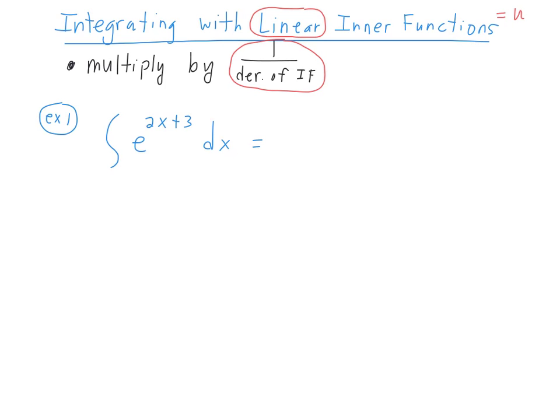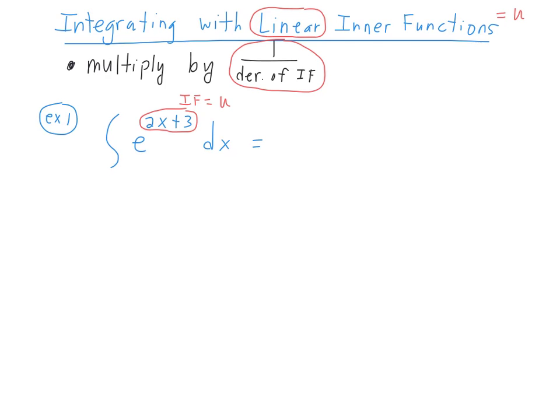We're integrating e to the 2x plus 3. The inner function here is 2x plus 3. I'm going to abbreviate this by writing IF for inner function. And again, that's kind of like the u that we talked about before. Okay, u is always the inner function. So we know that the outer function in this case is e raised to something.